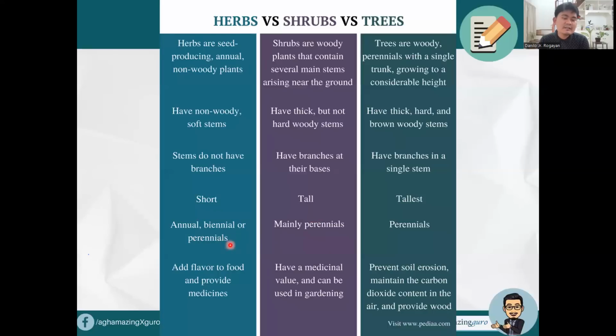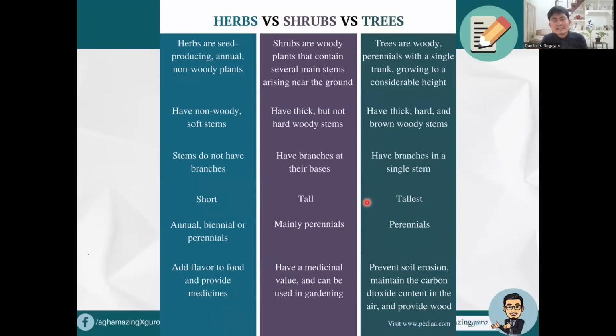So annual, biennial, or perennial are mainly perennials. Pag sinabing perennials, usually every year. No? So it could be longer. No? So annual, add flavor to food and provide medicinal value, and can be used in gardening and prevent soil erosion. So basically, that's short, tall, and the tallest.